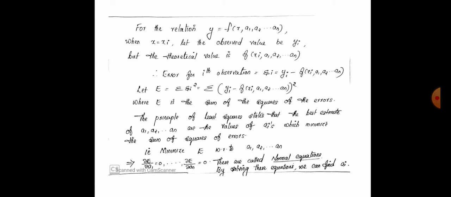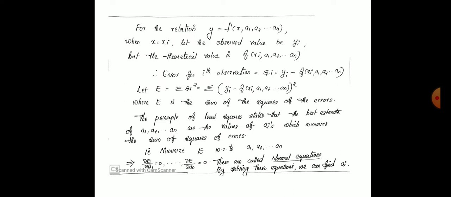Therefore, the error for the ith observation is epsilon i, which is equal to yi minus f of xi, a1, a2, etc. an. Let capital E be the sum of squares of the errors, that is, sigma epsilon i square, which is equal to sigma of yi minus f of xi, a1, a2, etc. an, the whole square, where capital E is the sum of the squares of the errors.